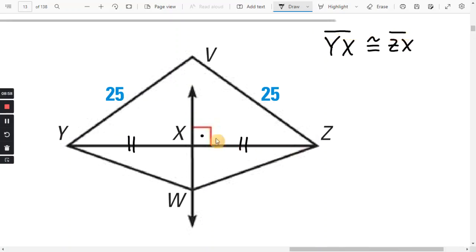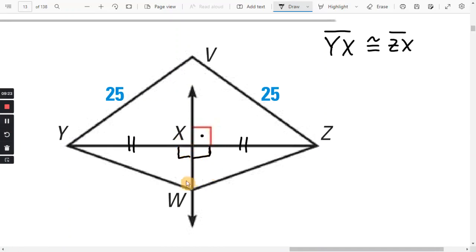And obviously, we already know that YV equals ZV because that's given in the diagram. So I won't even write that one. But if it's perpendicular here, one right angle, there's going to be 4 right angles here. So this is a right angle, and this is a right angle.